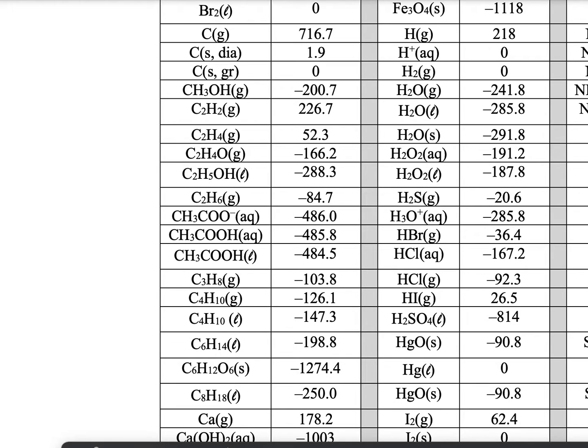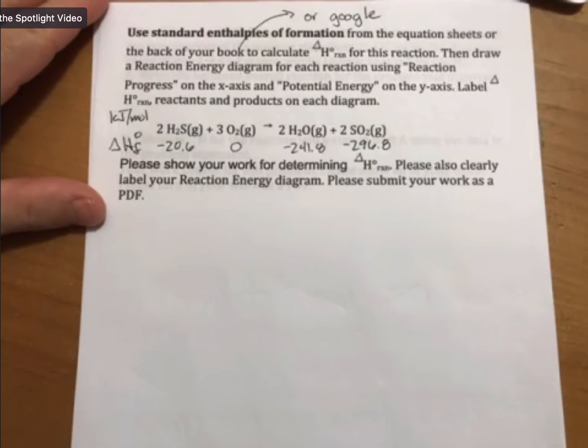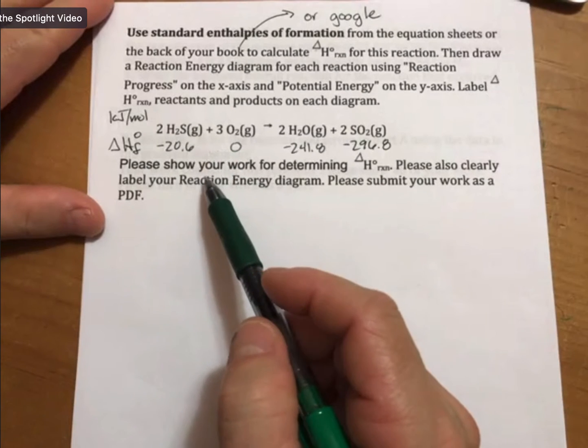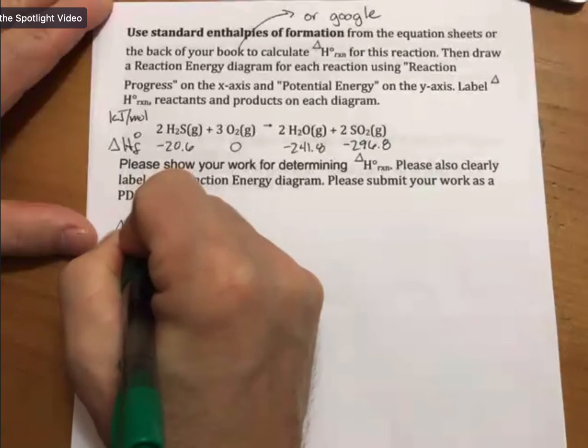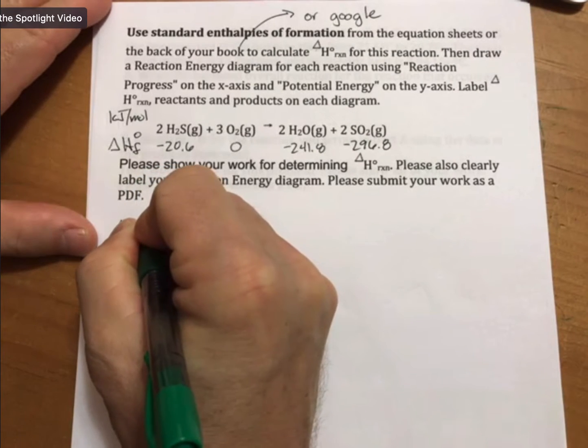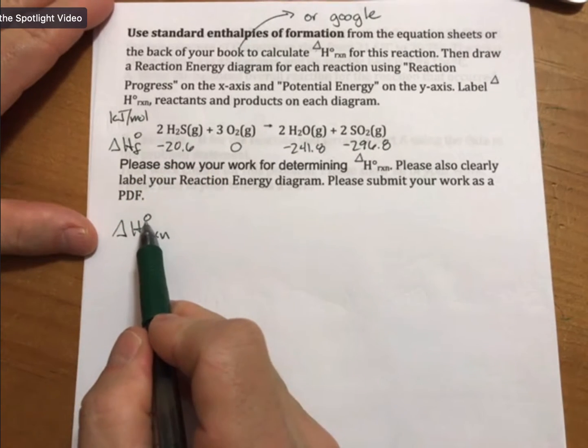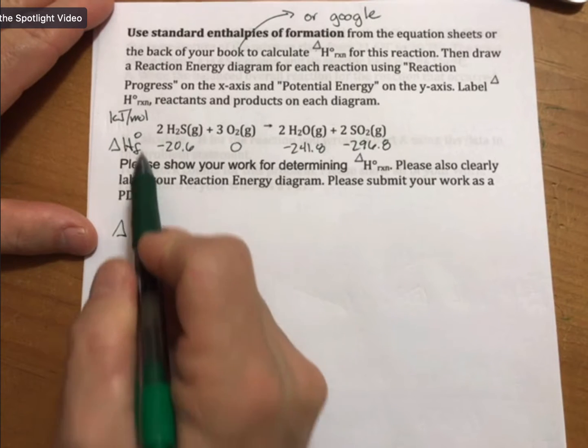And so all I did is I got these values from a table, and I've written them on my sheet here. And the way that you calculate delta H reaction, one of the things I don't talk about too much is this little naught symbol.